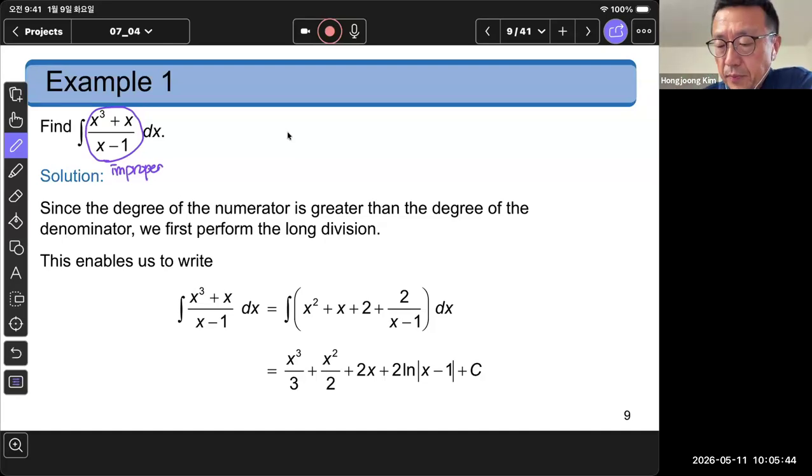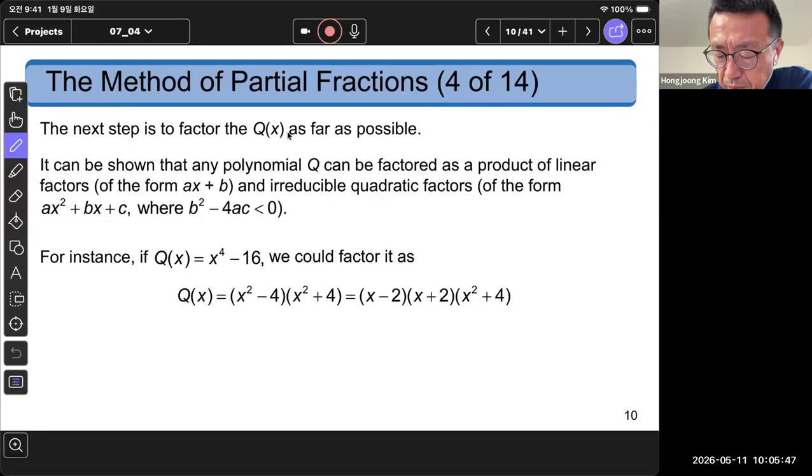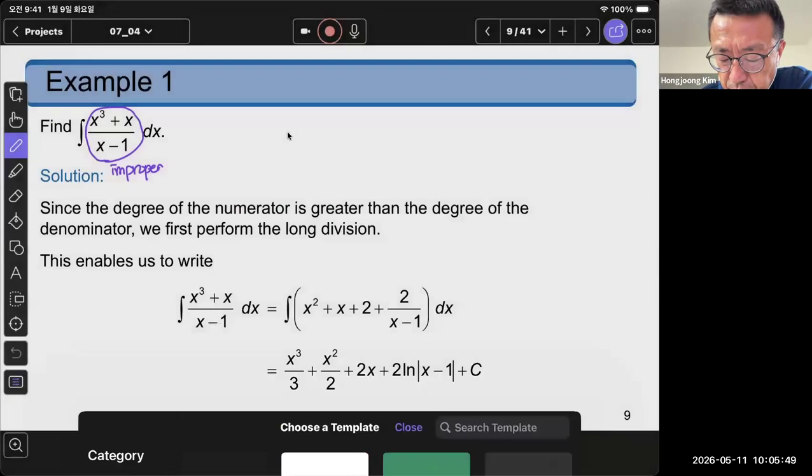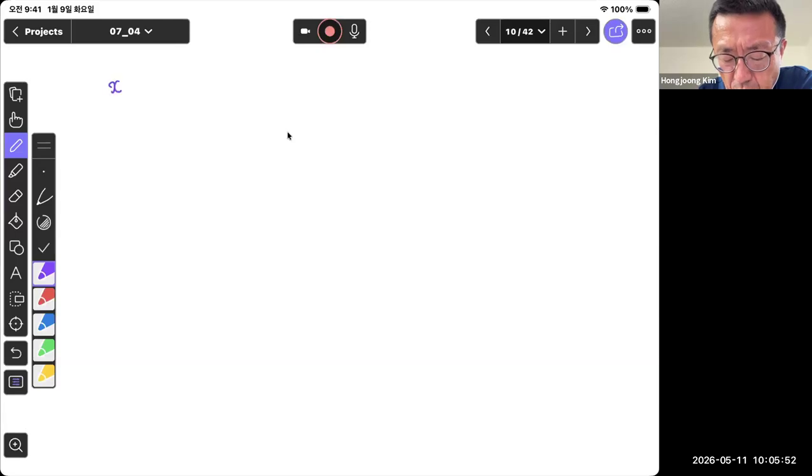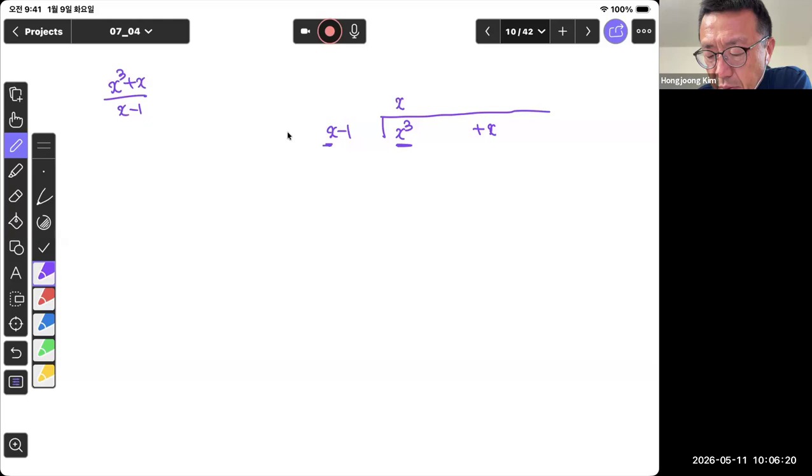So in that case, if I have x cubed plus x over x minus 1, I can perform the long division, x cubed plus x, and I want to divide this by x minus 1. Okay, then x cubed divided by x will be x squared.